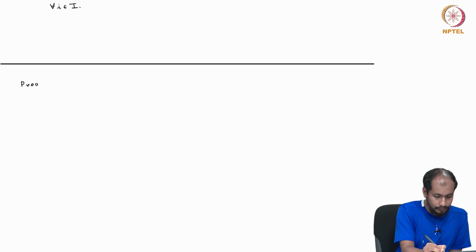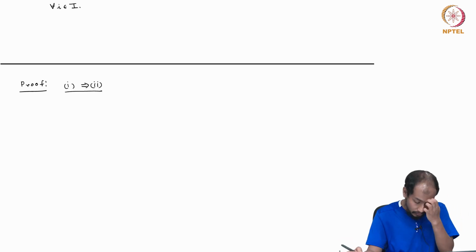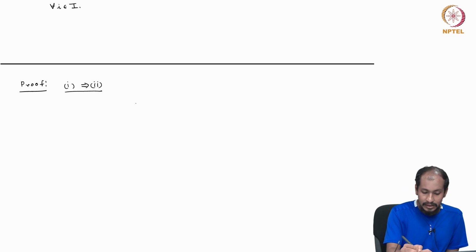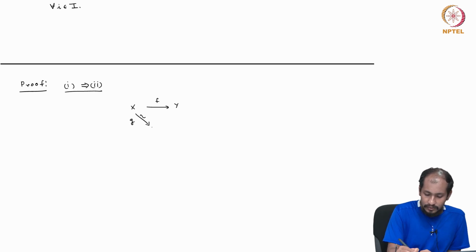Proof, first 1 implies 2. F is a closed immersion means we have a G isomorphism from X to Z, and this is inclusion.